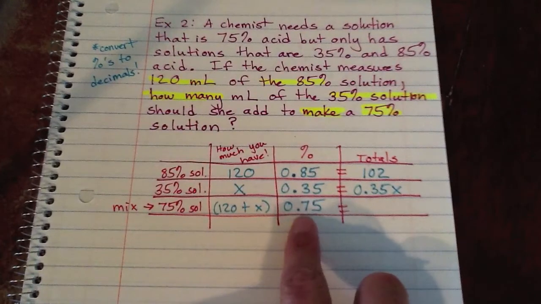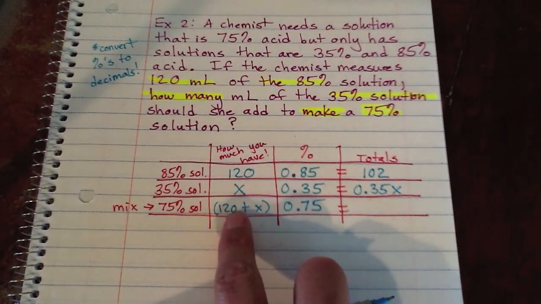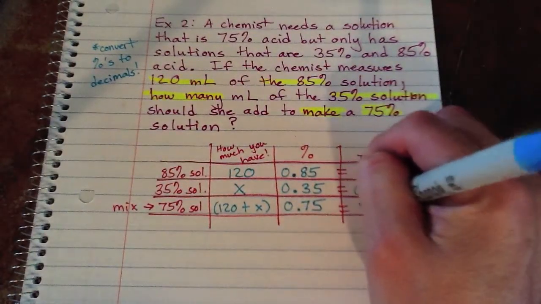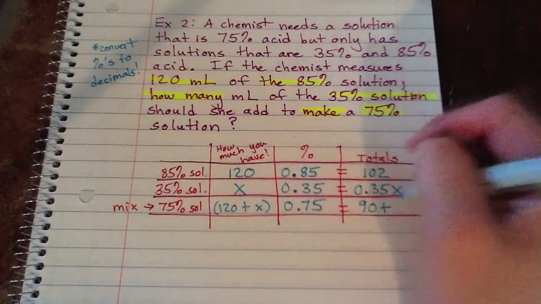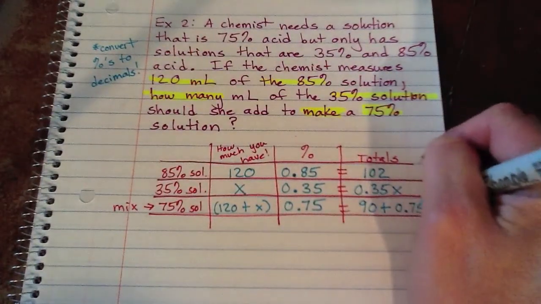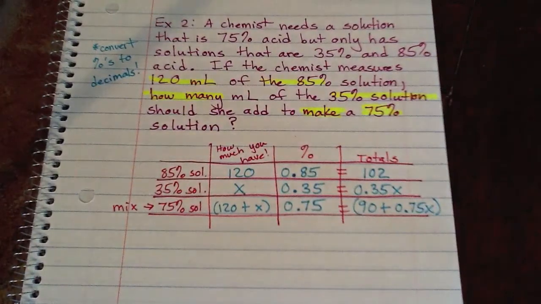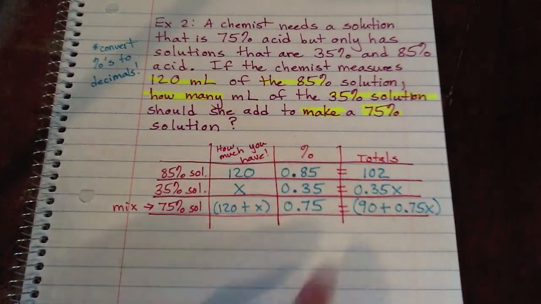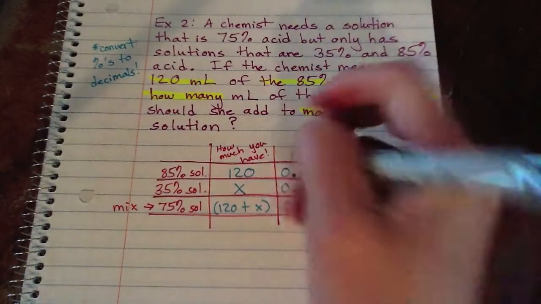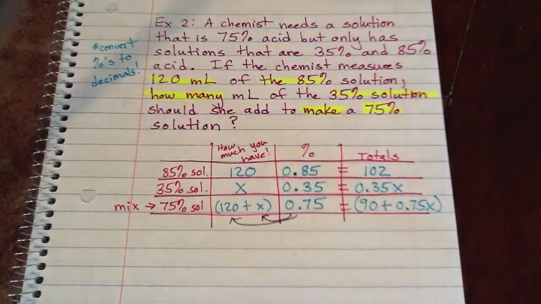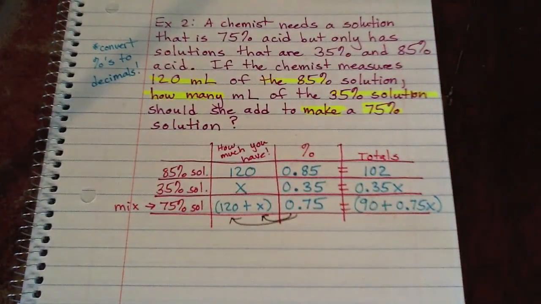It's 0.75 times 120, which is 90, but don't forget the rest of it, plus 0.75x. If you need to, keep that in parentheses if that's going to remind you to distribute this to each of those. So don't forget to distribute. I'm actually going to go like this so that you have it in your notes, just in case you forget.